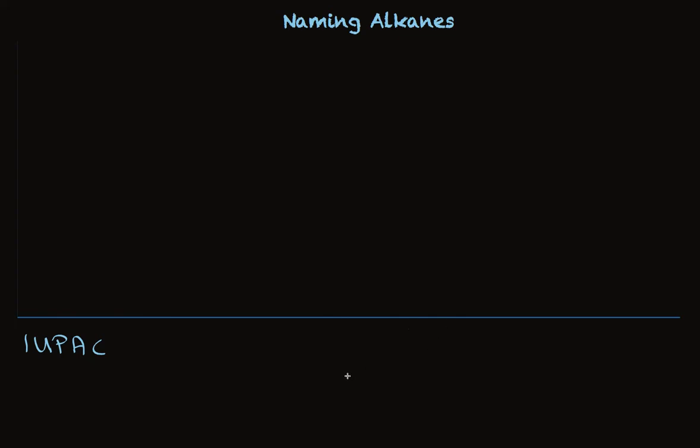The approach is: take the core name and use it to tell us the number of carbons.